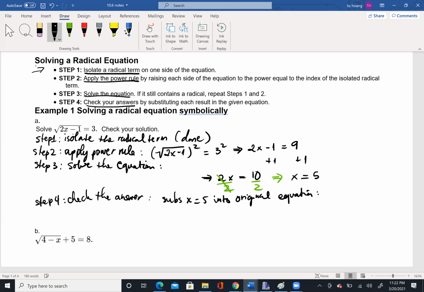So I have the square root of 2 times 5 minus 1 equal to 3.